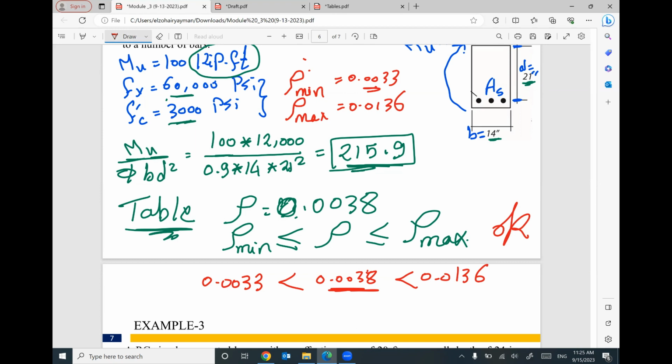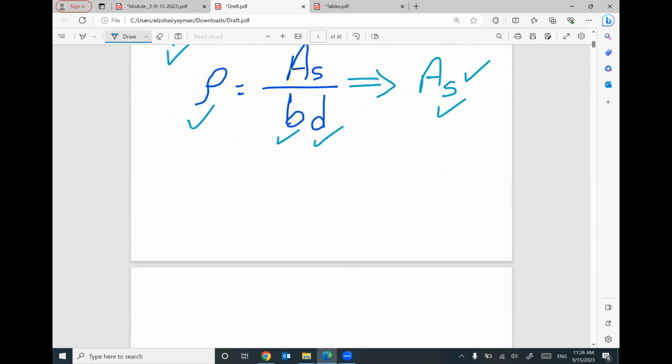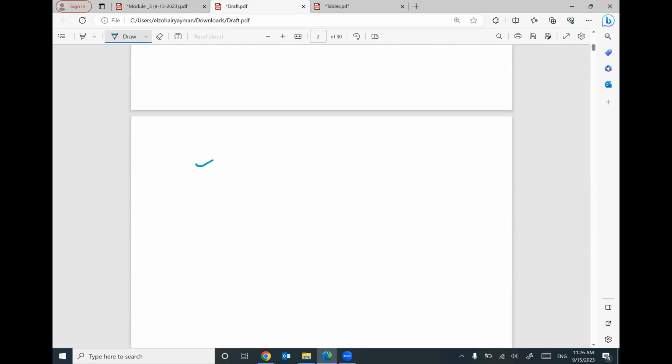And keep in your mind, this condition must be satisfied to make sure we are moving good and our design is correct. Your rho value equal 0.0038.